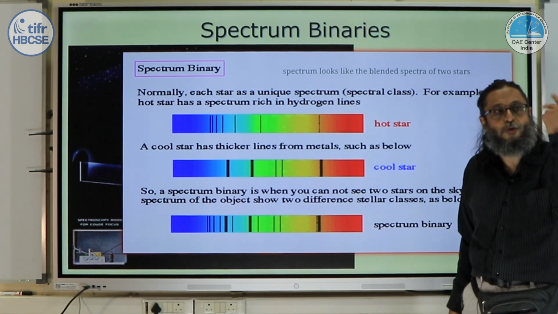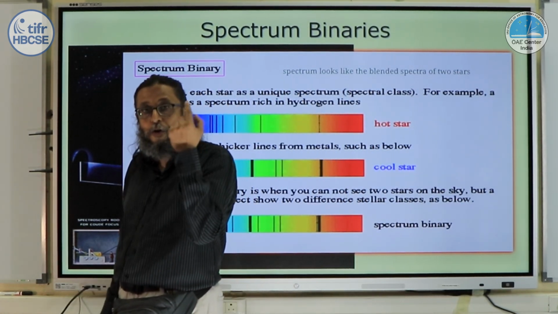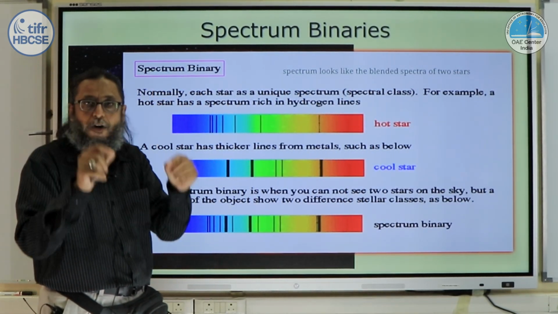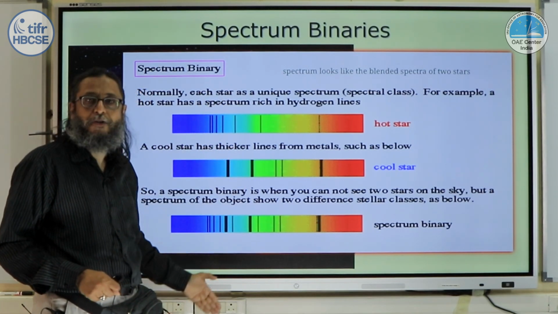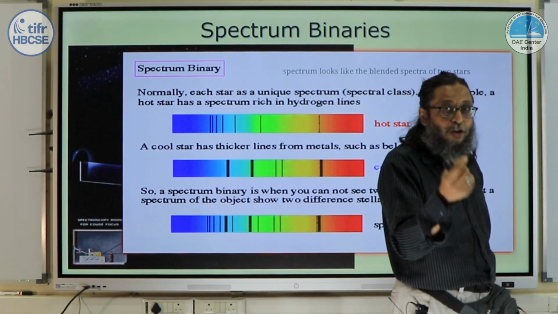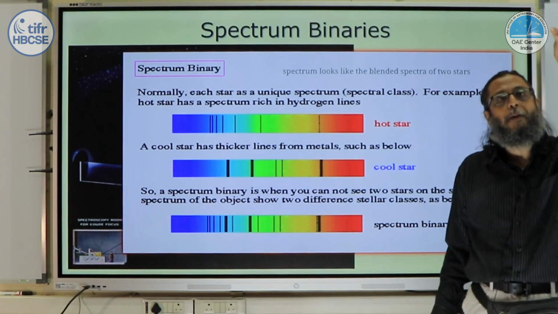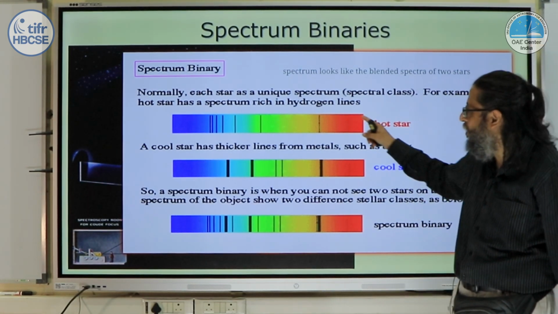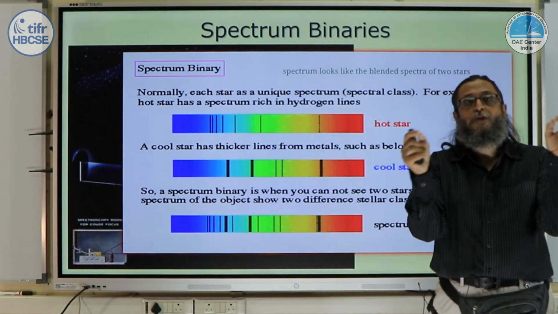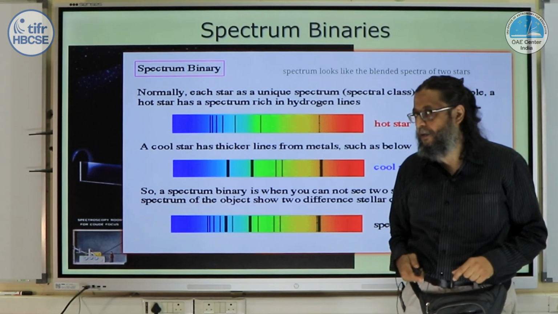It has to come from two bodies. So even if we are not able to spatially resolve two bodies, just looking at the spectrum, we can infer that we are actually observing two bodies. They are so close together that they must be a binary star system. And since we are using the spectrum to distinguish the two different bodies, it is known as a spectrum binary.